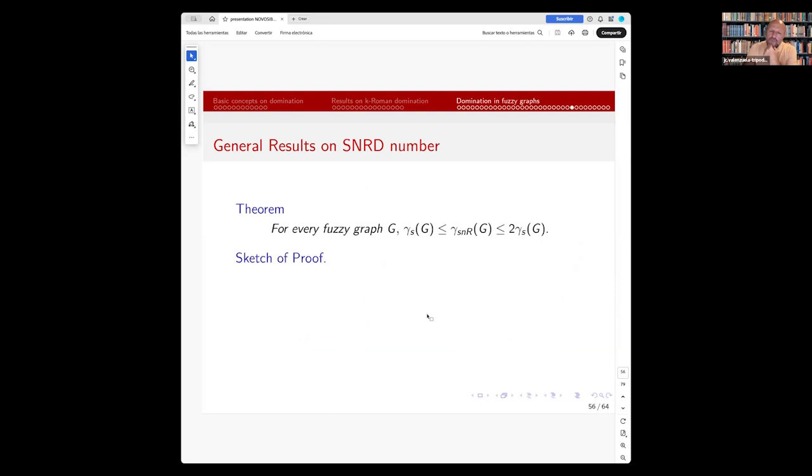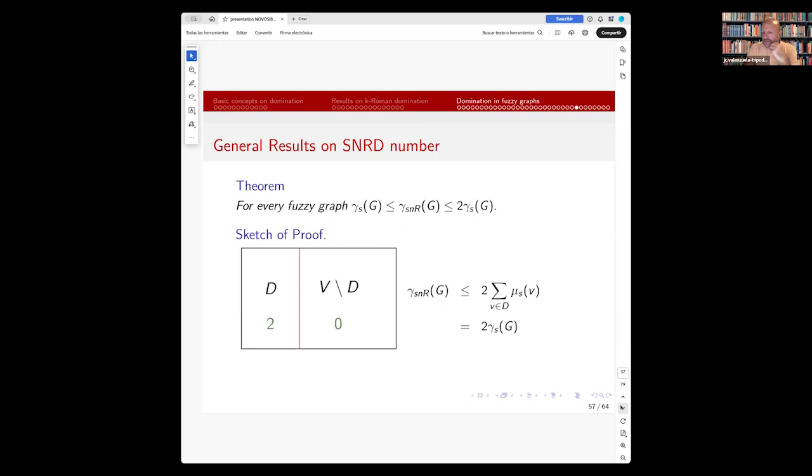So I will go quickly. I will not give the details, but we have proved some results regarding these new parameters. The first is very similar to the well-known inequality regarding the Roman domination and the classical domination parameter. The proof is quite similar.